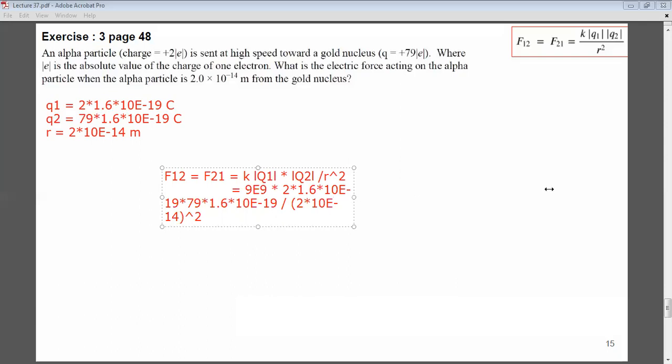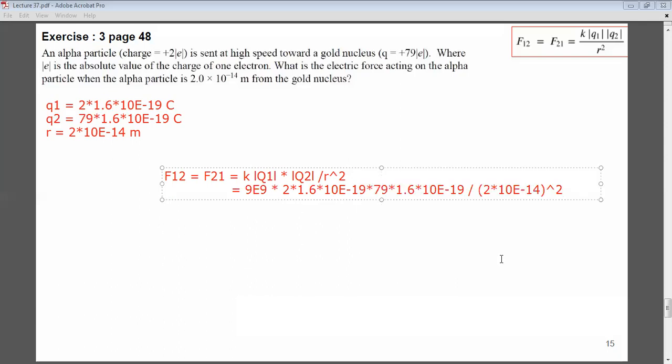So we just do the calculations, and this gives me 91 Newton.